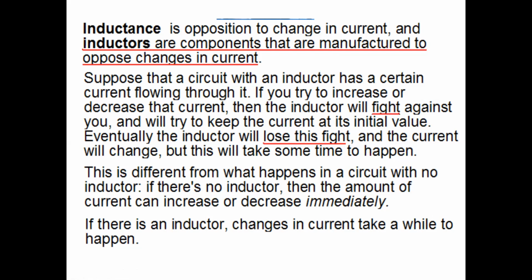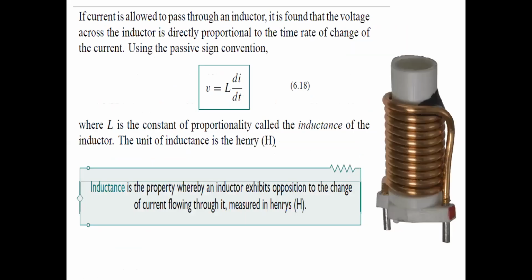So I can summarize these 2 points as this: capacitor opposes the sudden change in its voltage, while the inductor opposes the sudden change in its current. Why is that? Because the formula for the voltage across the inductor is L di by dt.